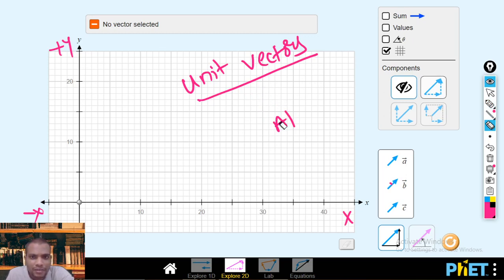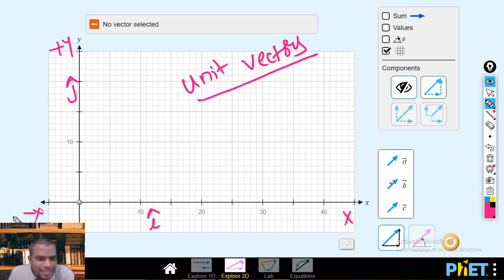But as a basic standard, there are unit vectors in the x and y coordinate system. In the x-axis, we represent i cap as a unit vector, so i cap represents the direction of that axis. And we represent j cap in the y-axis direction. So these two are the new unit vectors along the x-axis and along the y-axis.